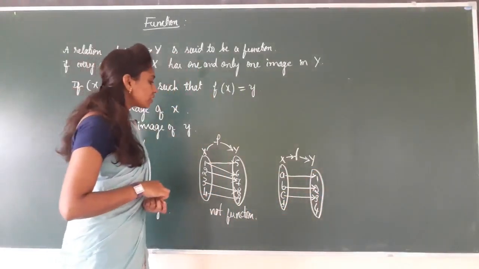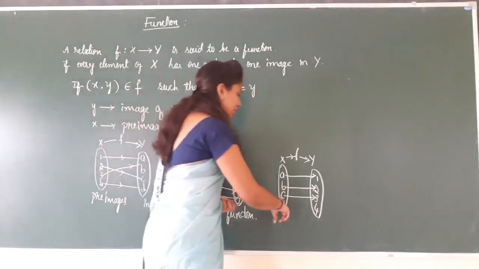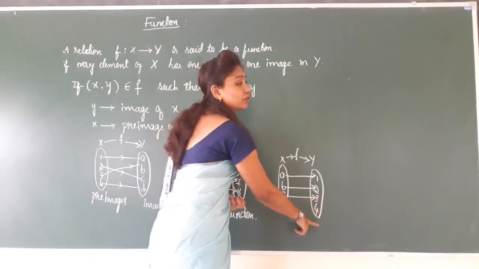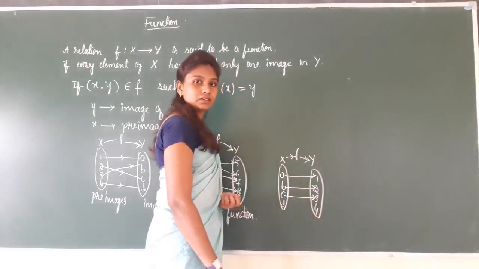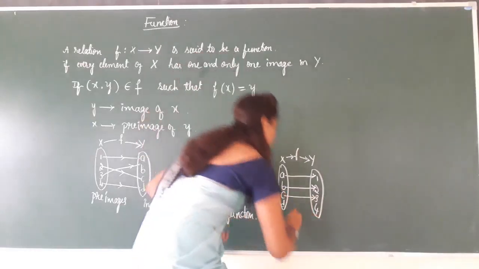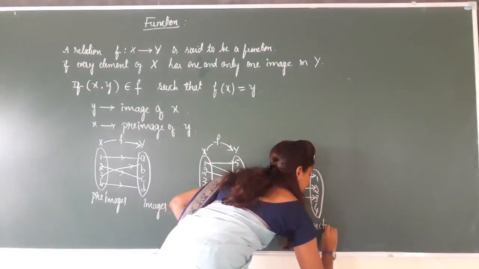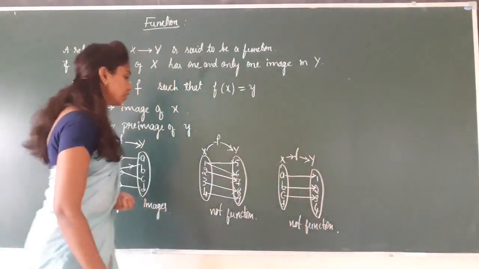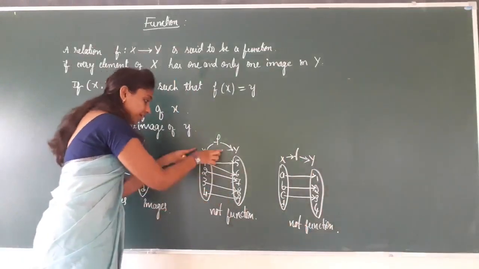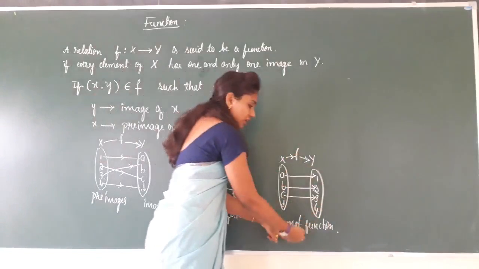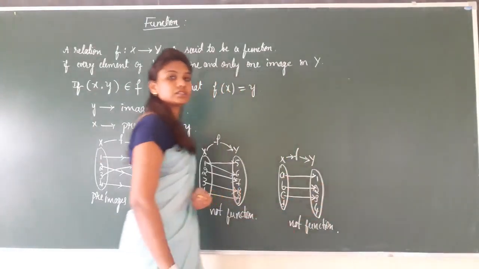No, this is not a function because element D has no image. So that's why this is also not a function. Is it clear? Is this a relation? Yes, it is a relation, but not a function.